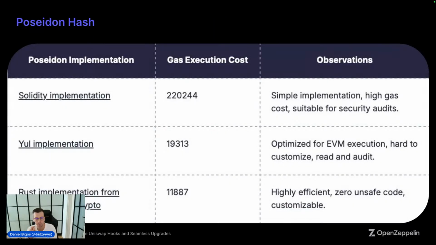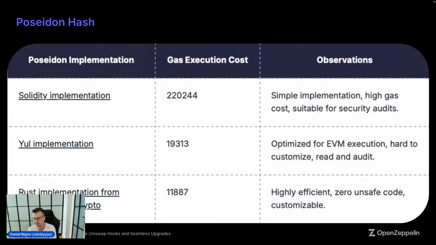So we benchmarked our Rust Stylus implementation of Poseidon hash. We also benchmarked Solidity implementation of Poseidon hash and Solidity assembly implementation of Poseidon hash. And the results that we got are amazing. So our implementation is 18.5 times faster than pure Solidity implementation.